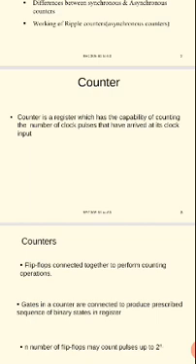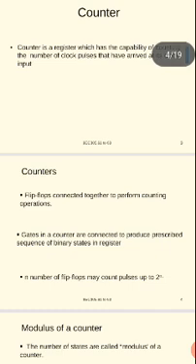Gates in a counter are connected to produce a prescribed sequence of binary states in the register. N number of flip-flops may count pulses up to 2 power n.